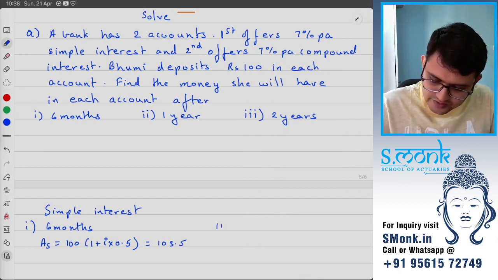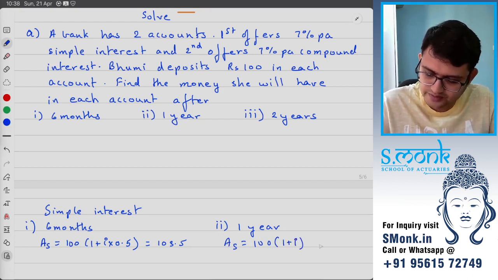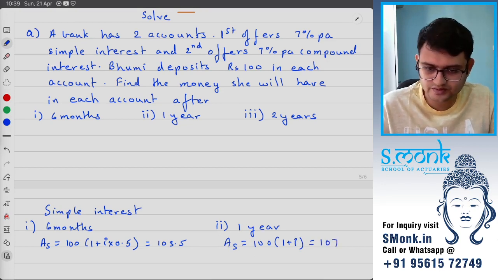Then I'll just solve the second part here itself, 1 year. The amount that I will have after 1 year is just 1 plus I into 1. That would be 107.